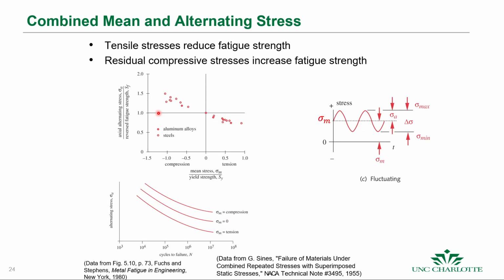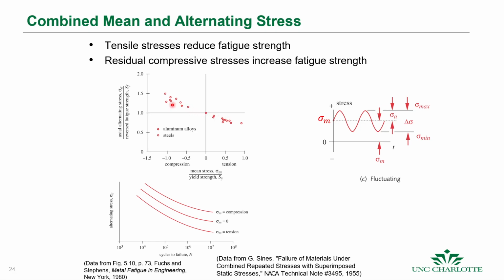Now, this is a graph that shows us our alternating stress over the fatigue stress in both compression and tension. And this point here was where the data came from on the previous slide. This just shows the presence of compressive or tensile stresses. If we have tensile stresses here, then we actually get failure below the predicted failure.